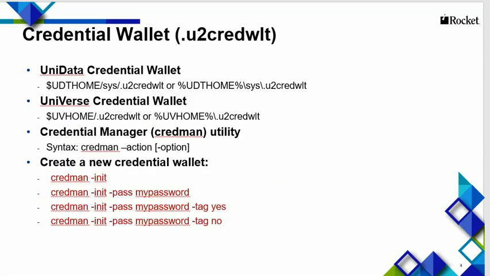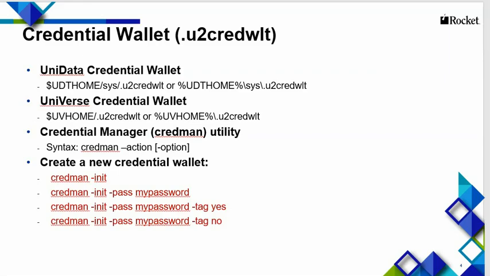So how do you create it? Pretty simple. If you are starting from the beginning, just run the cred command with minus initial. It might ask you to set the password for your credential wallet. There is also an option to set the machine tag.